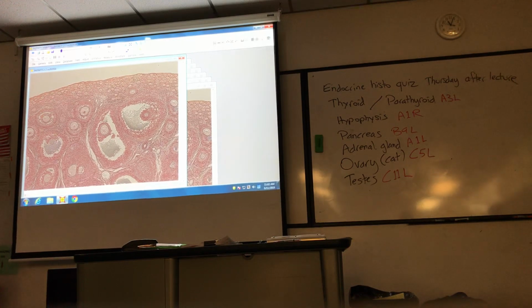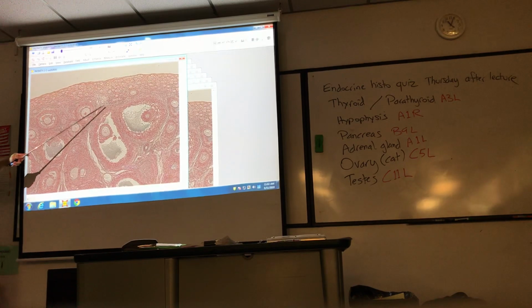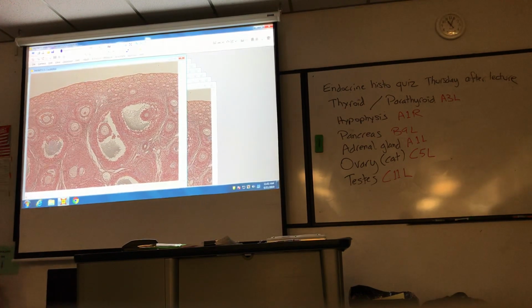And even under a low magnification, we can make out the layers, granulosa cells, theca. Okay, let me go to a higher mag for that actually.